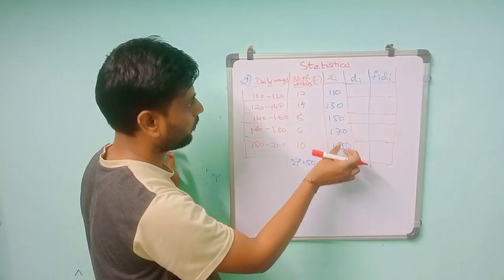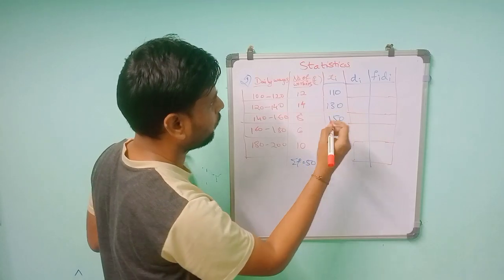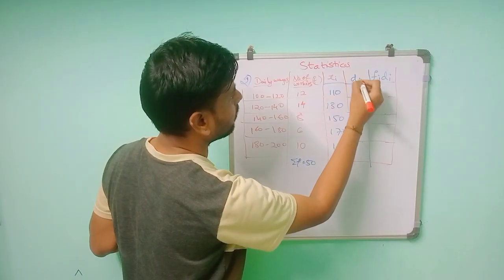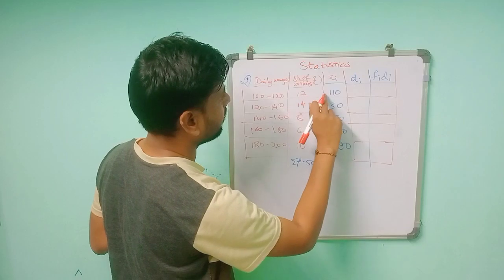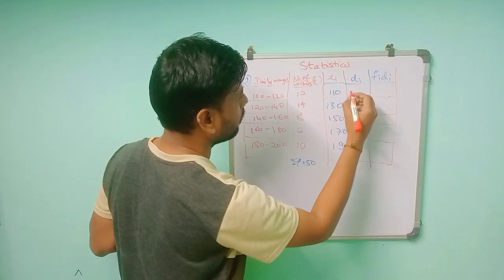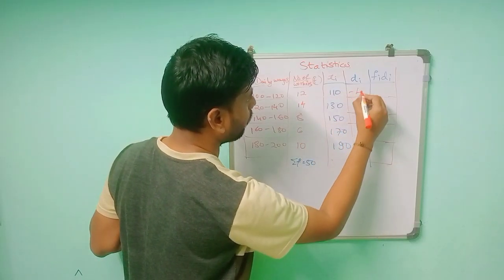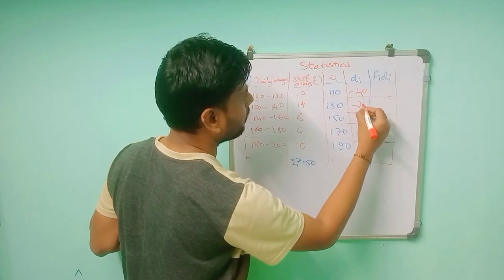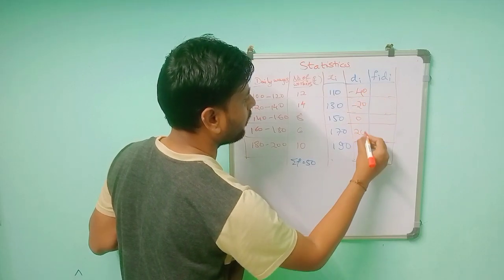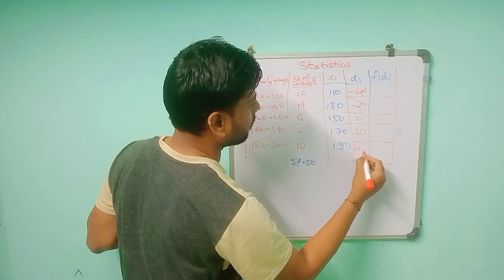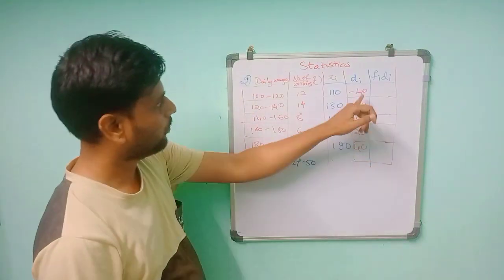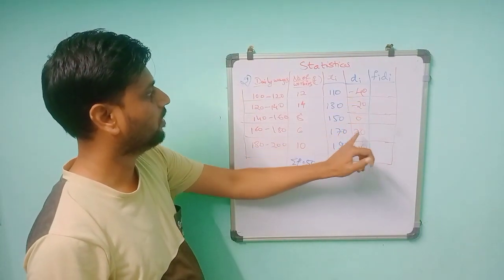In the middle only you have to take. So 110, 130, 150. So 150 I will take. This is di, Xi minus the assumed value. So 110 minus 150 is minus 40. This is minus 20 and this is 0 and this is plus 20 and this is plus 40. So we got the di values: minus 40, minus 20, 0, 20, 40.